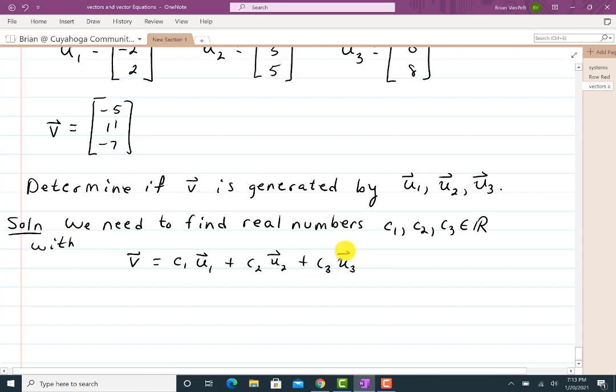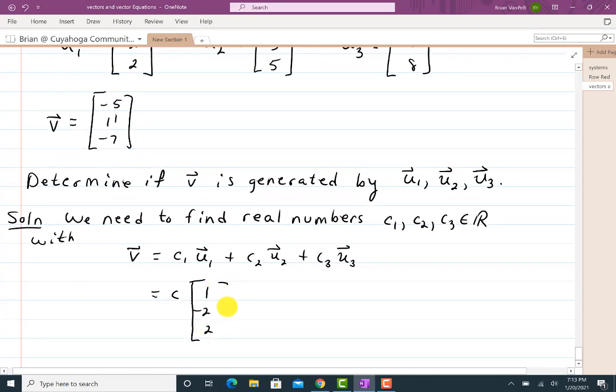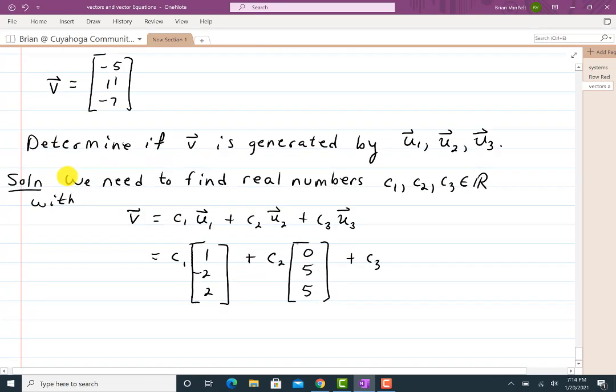Let me continue this. Let me put in my U's. That was 1, negative 2, 2, that was C1. Then we had 0, 5, 5. C3, what was that? 2, 0, 8. Let me put my vector in there. V was equal to negative 5, 11, negative 7.